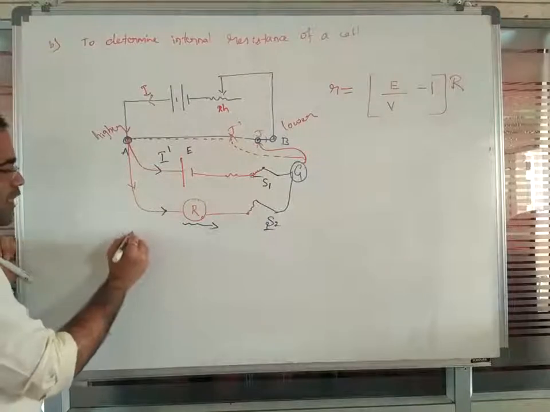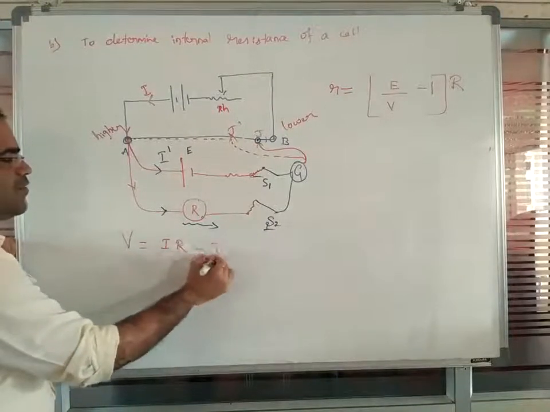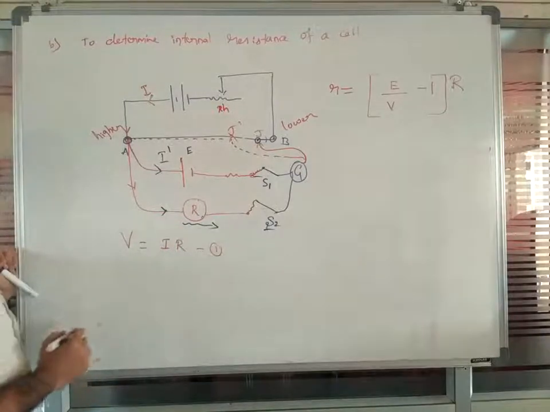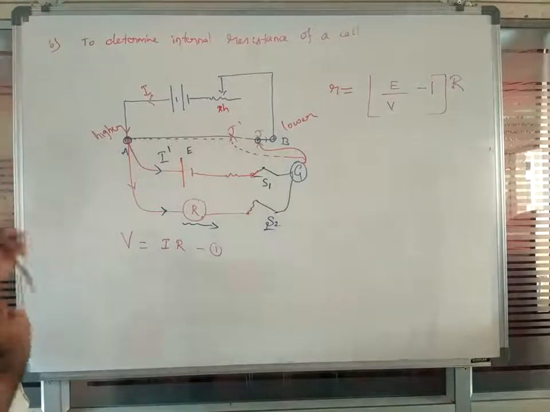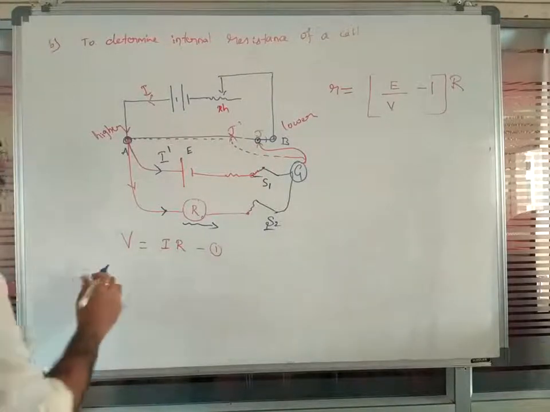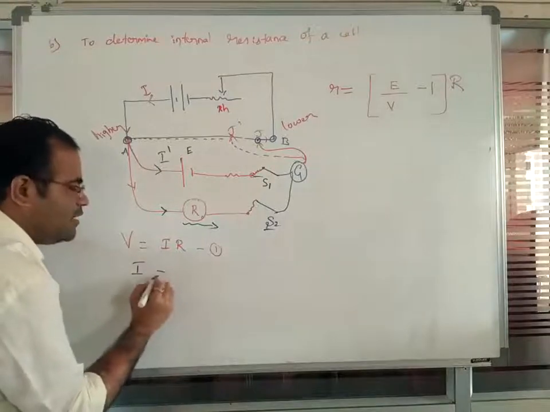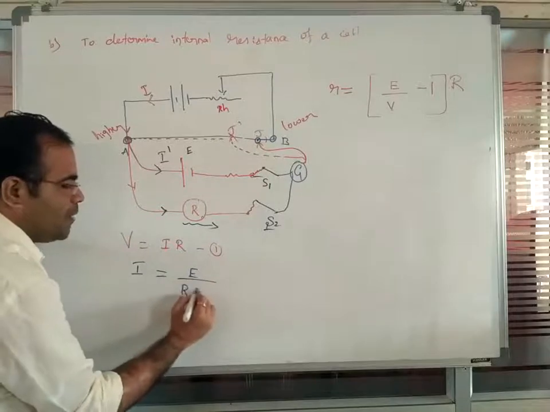So we have the equation V is equal to I into R. So this is the first equation. And the second equation, by the condition of electric current in terms of EMF of a cell, is given by I is equal to E divided by capital R plus small r.